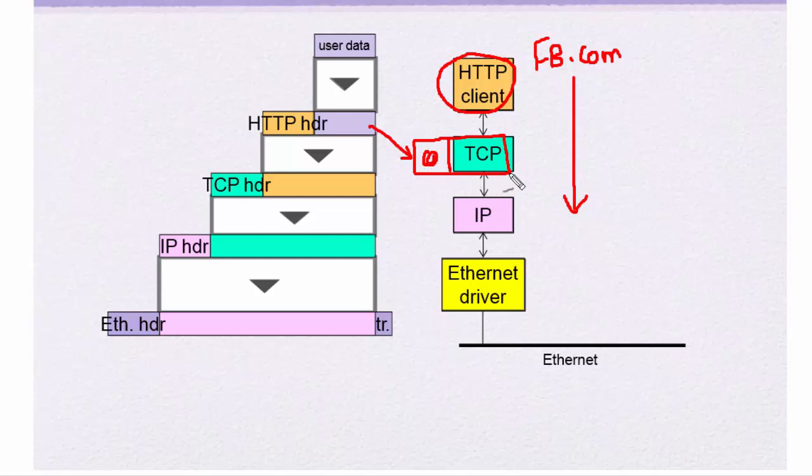So this whole thing we will now call TCP, and it moves on with its inner HTTP header, and now we have a TCP header as well. Just remember, here at the IP level we have a TCP header.